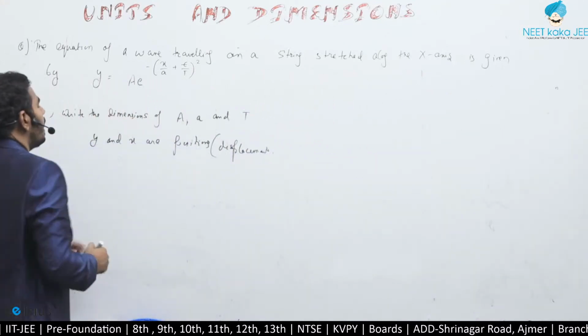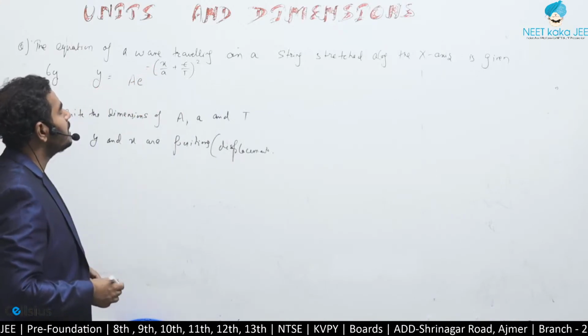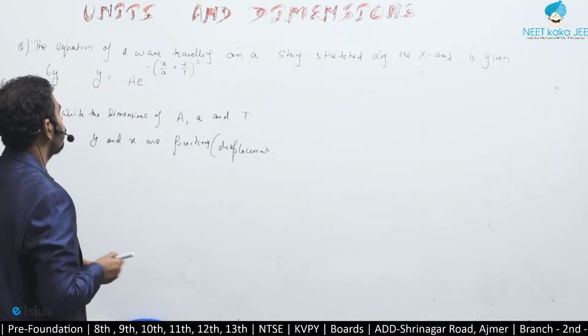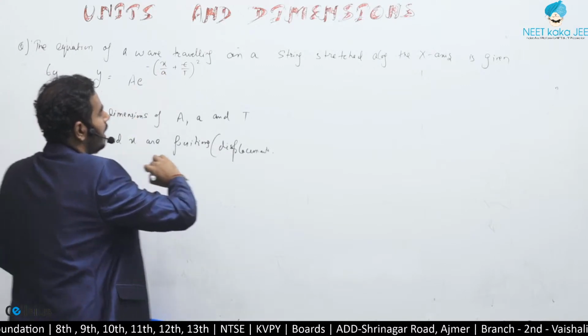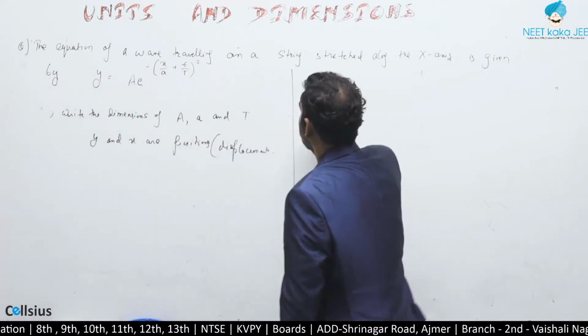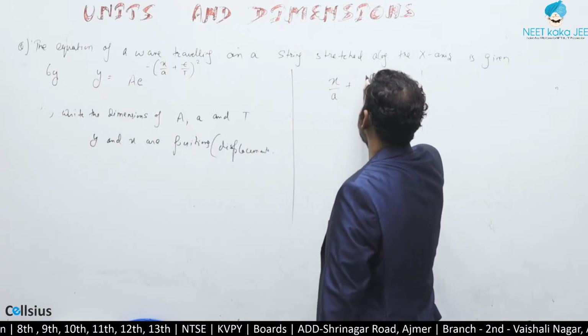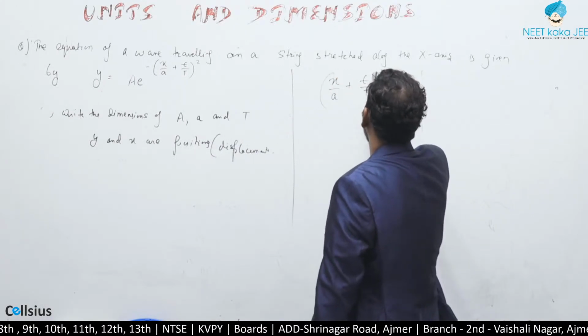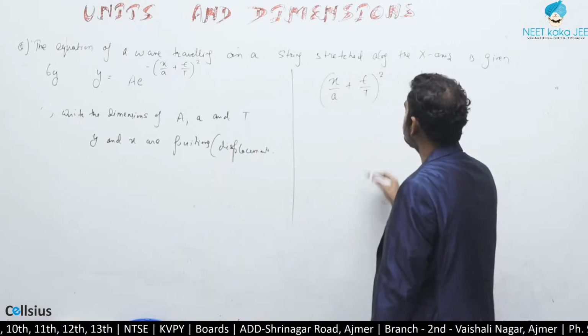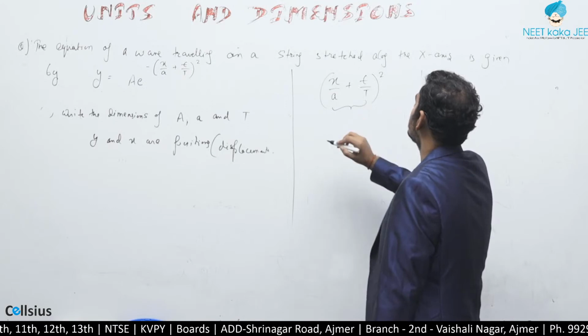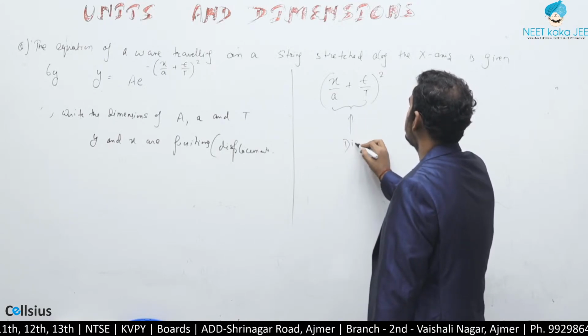So over here y is equal to a e to the power minus (x by a plus t by t) whole square. Okay, so you know that, because x by a plus t by t whole square, this is dimensionless. This must be dimensionless.